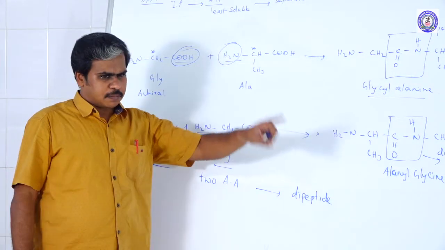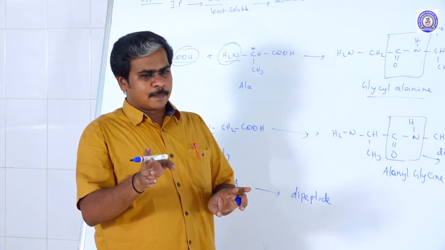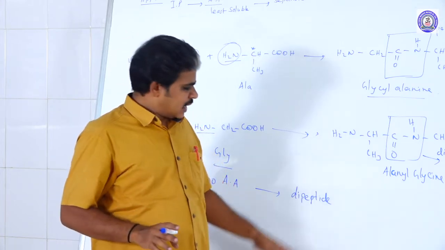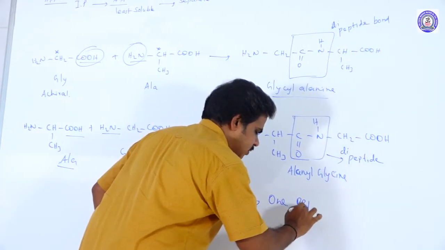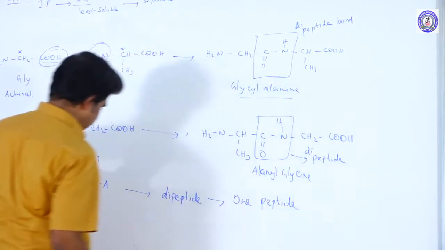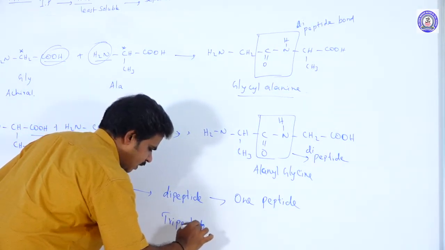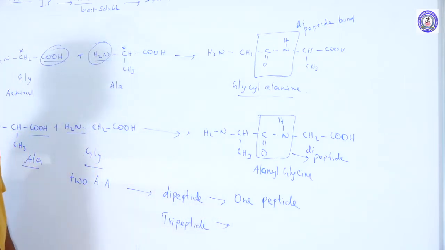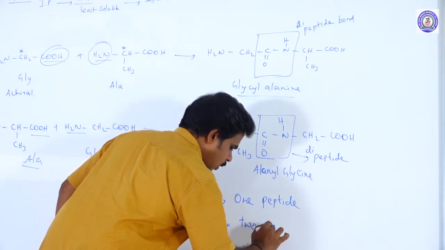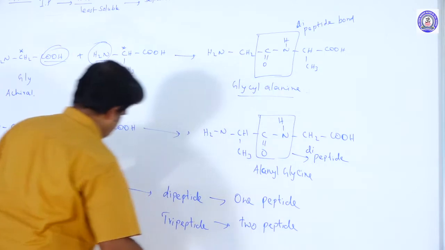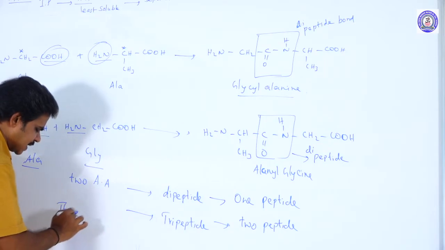There are two possible dipeptides, but a dipeptide can only have one peptide bond. In the same way, a tripeptide contains only two peptide bonds, but is a combination of three amino acids.